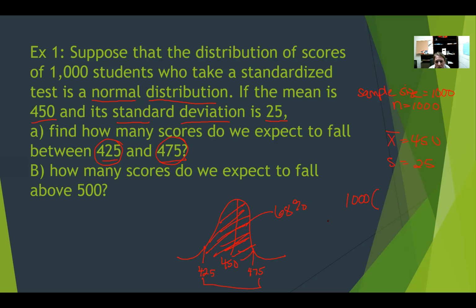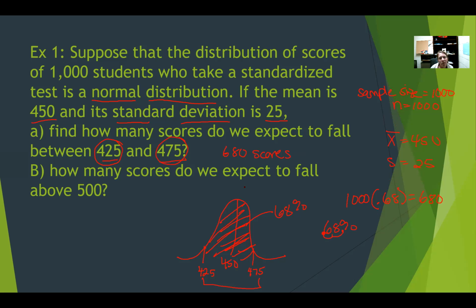We change this to a decimal. 68%, your decimal's here, move it 2 places to the left. That's 0.68. And we multiply those. And so 1,000 times 0.68 is 680. So that means 680 scores or students will be expected to fall between that one standard deviation.